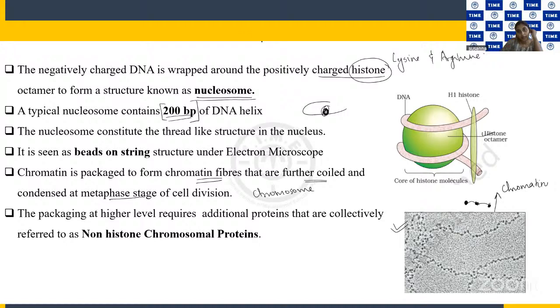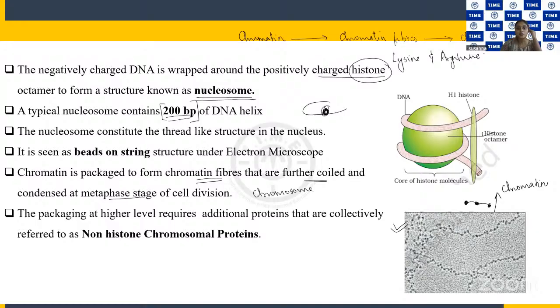So basically, we'll have the chromatin first. DNA will be packaged with histone to form chromatin. Chromatin will become chromatin fiber, and the chromatin fiber will become the chromosome, that is highly condensed chromatin fiber.